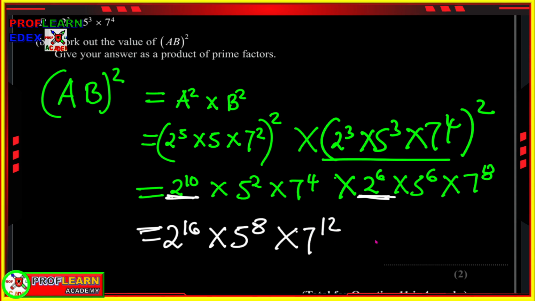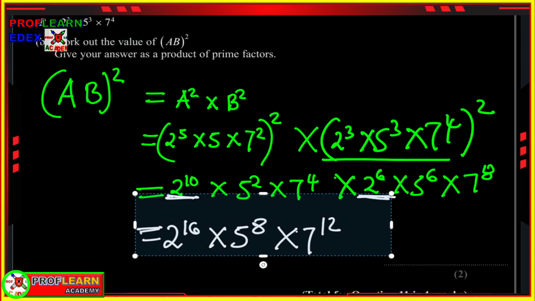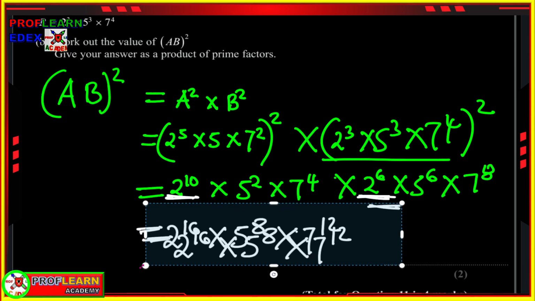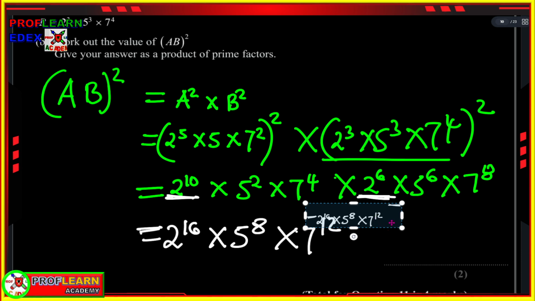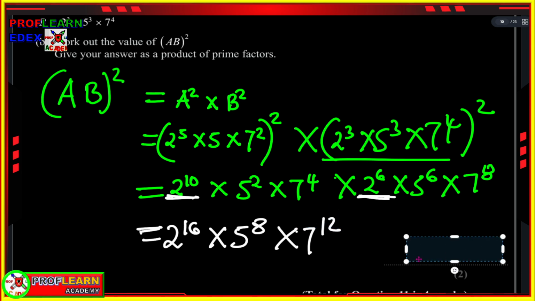So that's what our expression is going to reduce to, and you need to copy that and transfer it to this other end so that we can make the examiner happy, that we got our answer here as 2 raised to power 16 times 5 raised to power 8 times 7 raised to power 12.